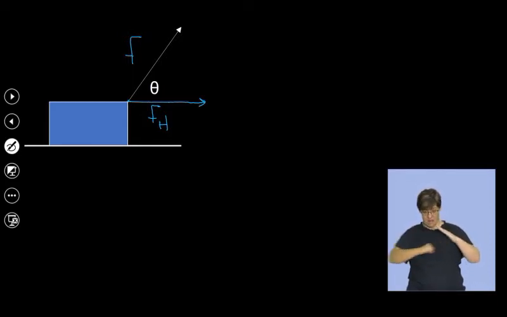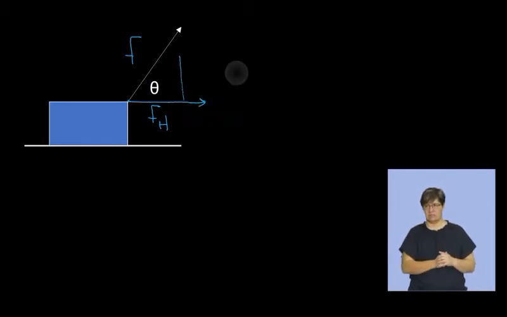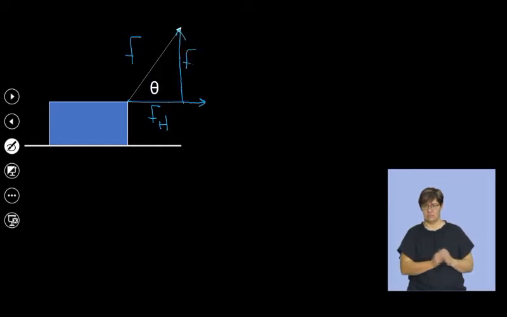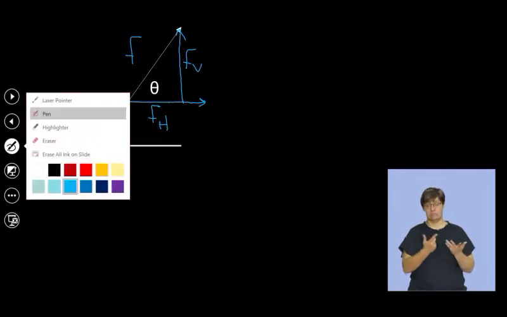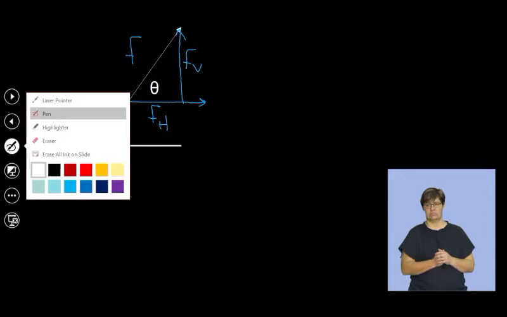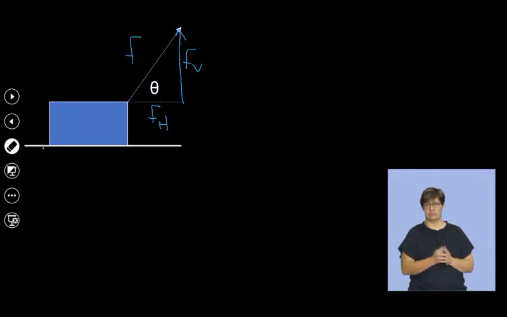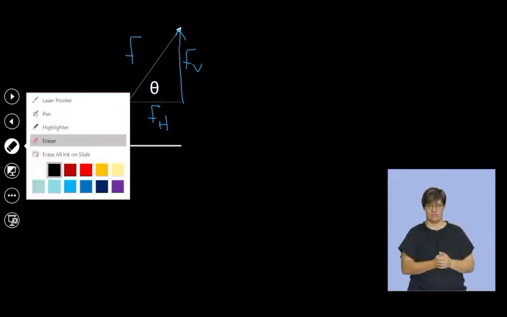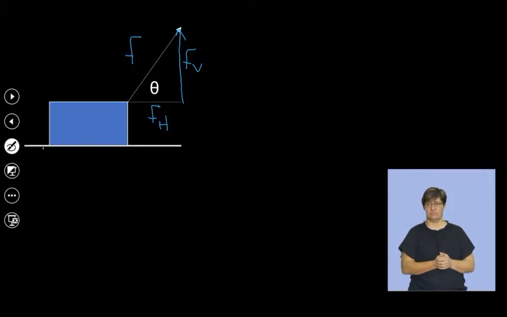I've made that a little bit too long, but it's okay. There's the vertical. Let's make the horizontal sit where it should, and make it the right size. So there we go, now we've broken it up into the two components.